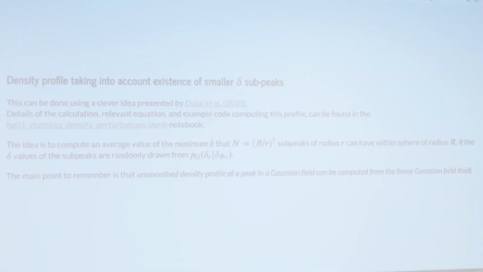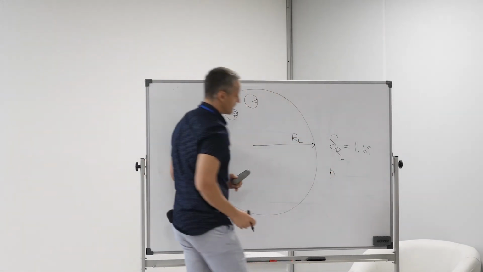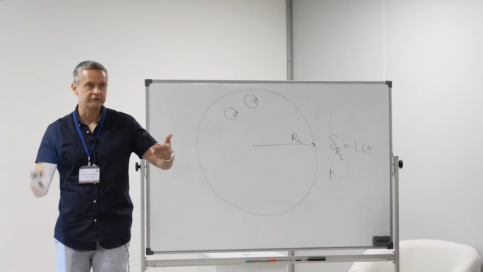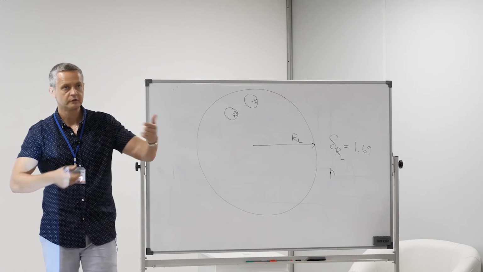So in other words, we envision that this collapsing region that will eventually collapse into a large object has substructure, so it has a bunch of smaller peaks collapsing on scale small r, that have initial overdensities that just reflect the Gaussian fluctuation, the Gaussian noise in the field, right?